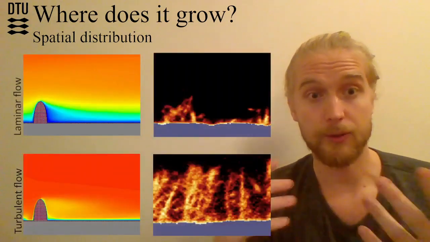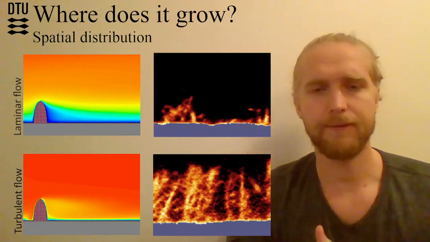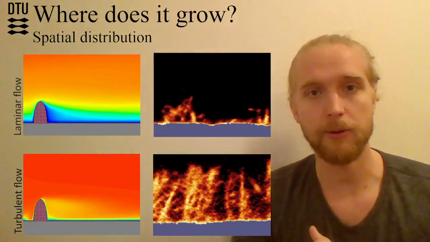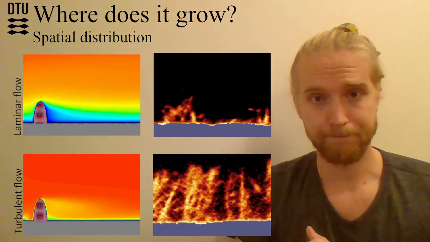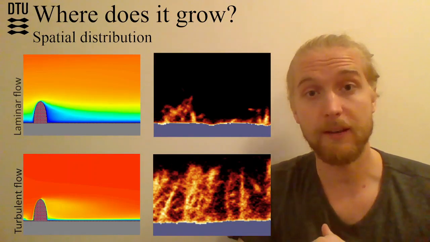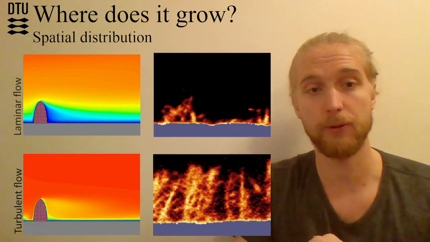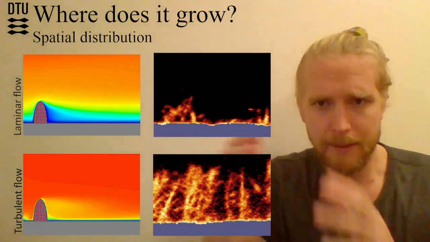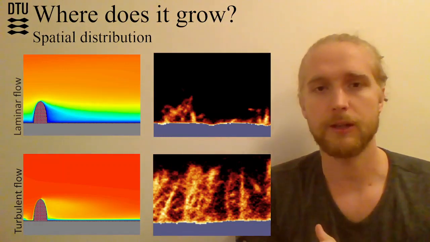Secondly, we tried to investigate how the flow is affected if an obstacle is coming out into the flow path, and we tried to do that both for the laminar and turbulent case. For the laminar case, we saw that a shadow zone of material influx existed behind these obstacles when they come out into the flow field, meaning that a little bit downstream of the obstacle, there's no material transported towards the surface.